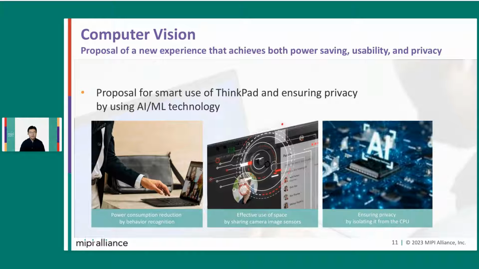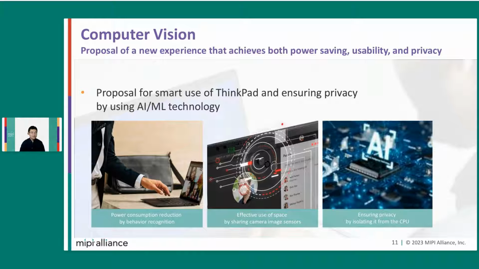And here are the key features that we can achieve with this technology and our solution. We need to make the ThinkPad product as smart as possible, while also ensuring privacy by using AI machine learning technology. You can see here the three features.